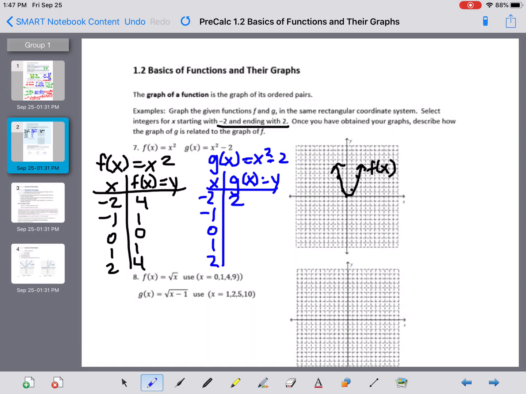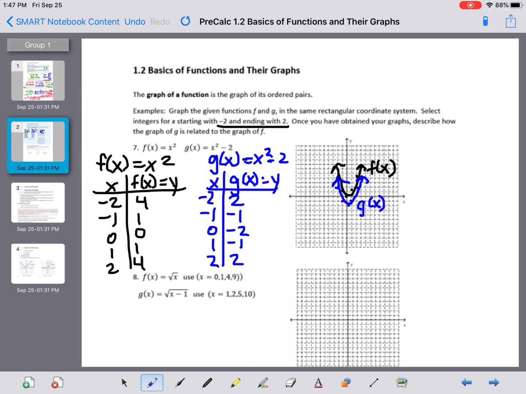Negative 1 squared is 1, minus 2 is negative 1. 0 squared is 0, minus 2 is negative 2. 1 squared is 1, minus 2 is negative 1. And 2 squared is 4, minus 2 is 2. So negative 2, 2. Negative 1, negative 1. 0, negative 2. 1, negative 1. And 2, 2.